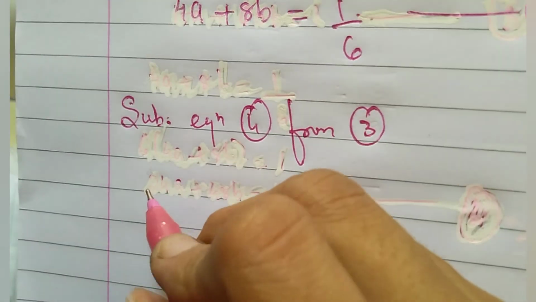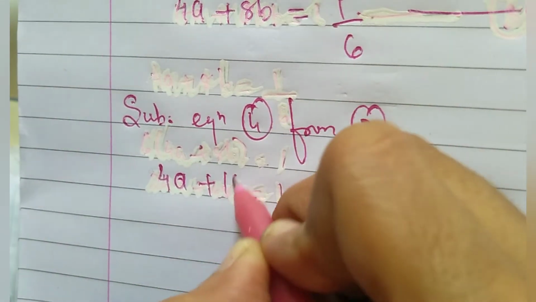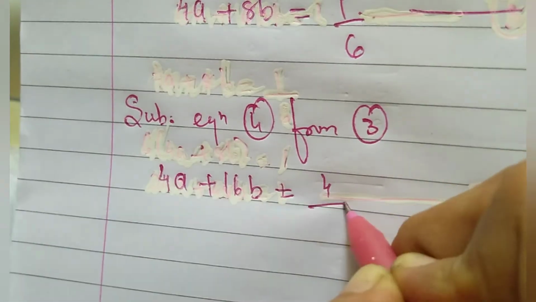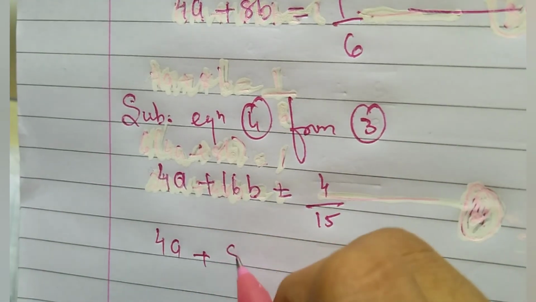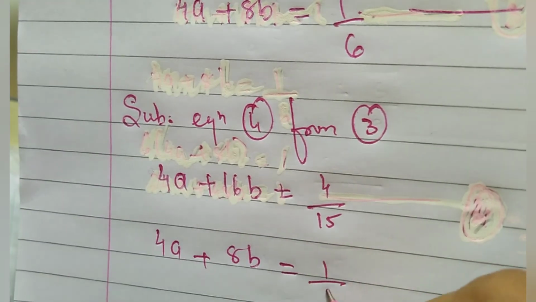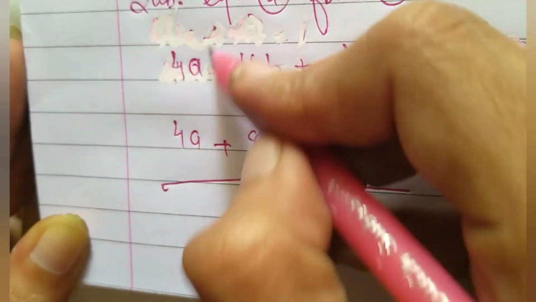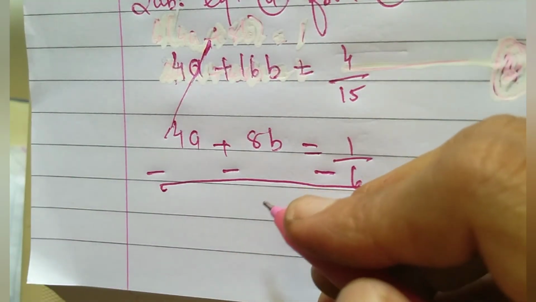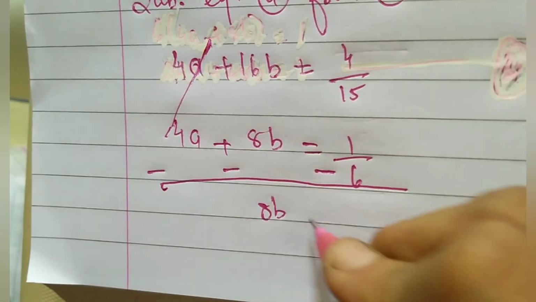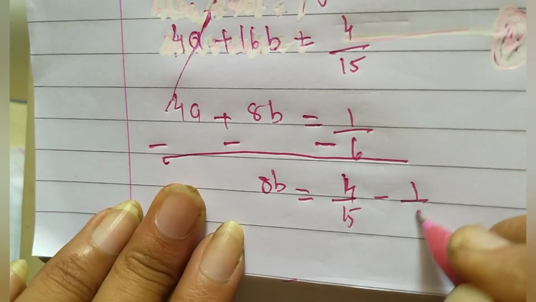Okay, so what will equation 3 become? 4a plus 16b equal to 4 upon 15, and equation 4 is same, 4a plus 8b equal to 1 upon 6. Now this one is minus, minus and minus. This one is cancelled. 16 minus 8 is 8b equal to 4 upon 15 minus 1 upon 6.